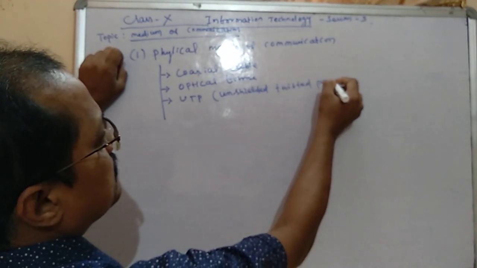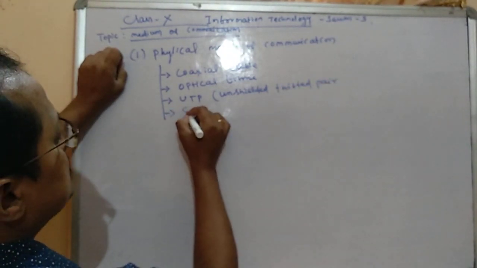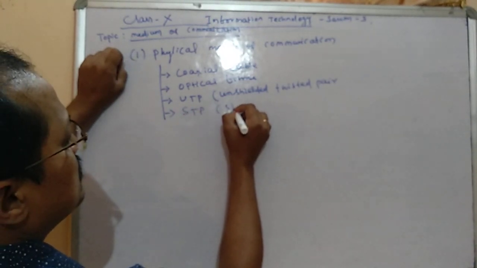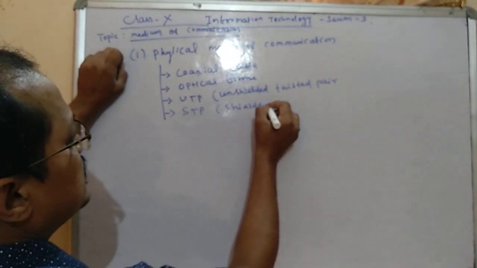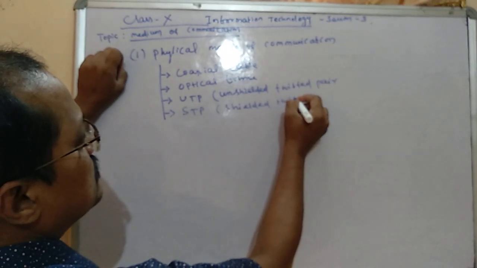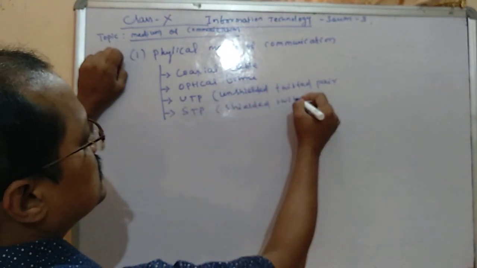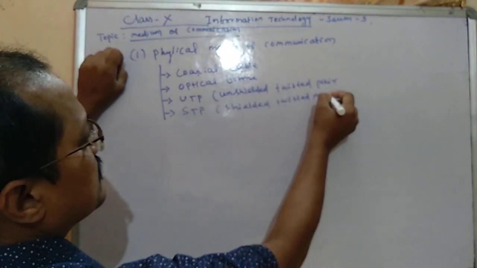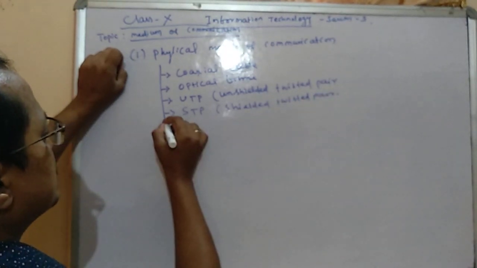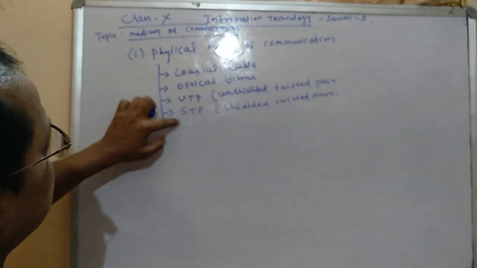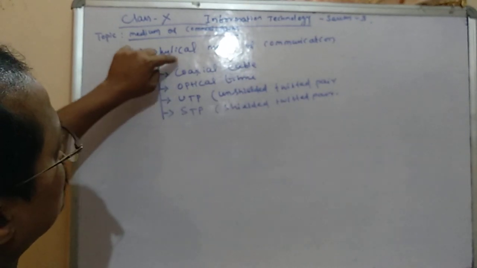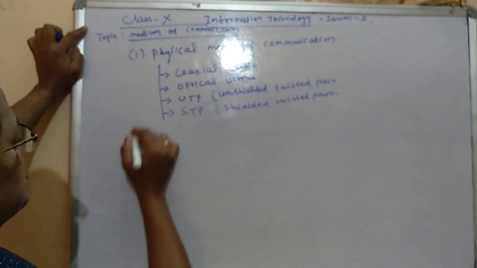And there is STP, that is called shielded twisted pair. So UTP, STP, optical fiber, coaxial cable: this is the physical means of communication.